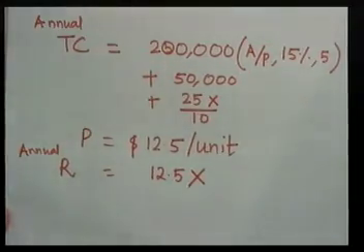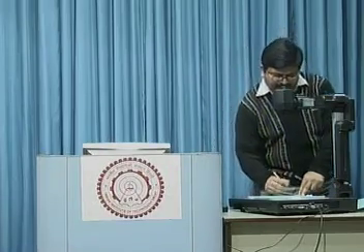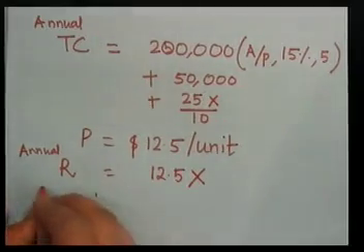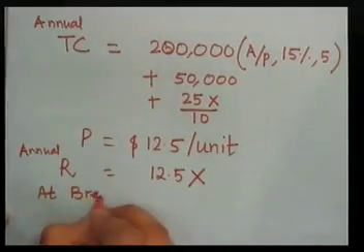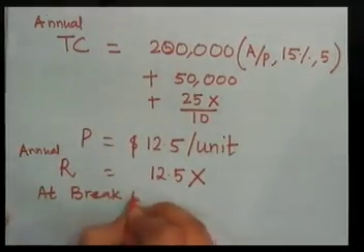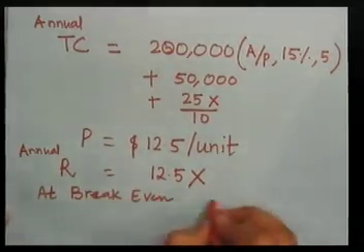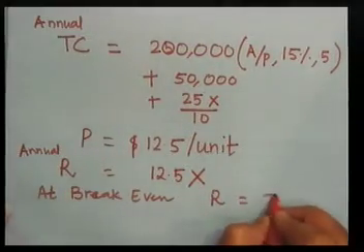Now at break even, what will happen? My total revenue and total costs are going to be equal, so that I am neither making any profit nor making any losses. So I just simply equate them and write at break even, R is equal to TC.